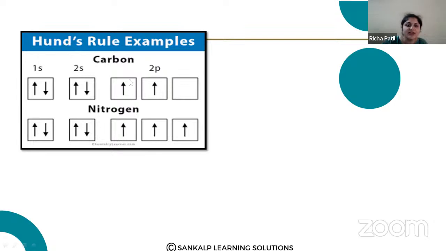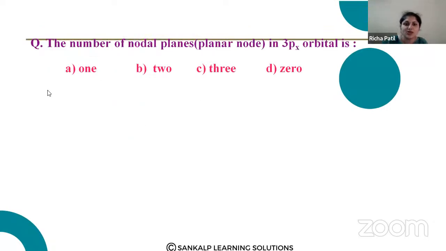Then in 2p, first the electrons will be singly occupied, then pairing will take place. So this is Hund's rule of multiplicity. What is Hund's rule? First, the electrons are singly occupied. Once the electrons are singly occupied, then the next electron goes and pairs with them. So based on this, we'll solve some questions.